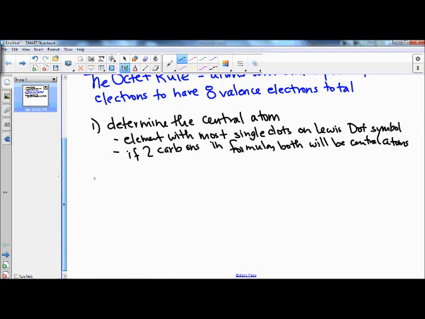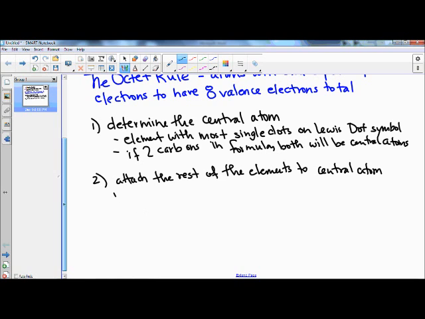Okay, rule number 2 is you're going to attach the rest of the elements to the central atom by drawing lines from single dot to single dot.